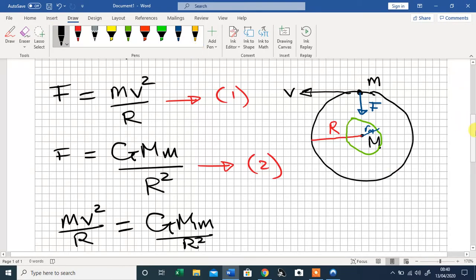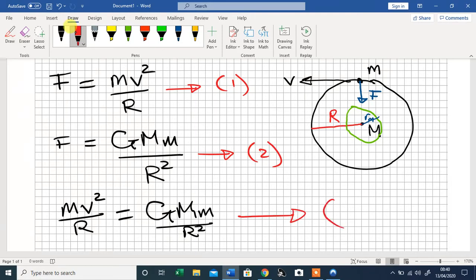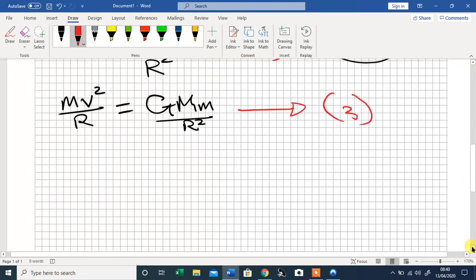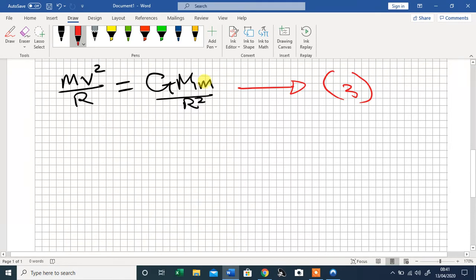Now, I'm going to scroll down a little bit because I don't think I left enough room there. But anyway, we'll leave it as it is. We'll call this equation 3.